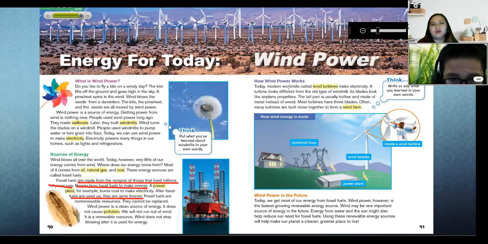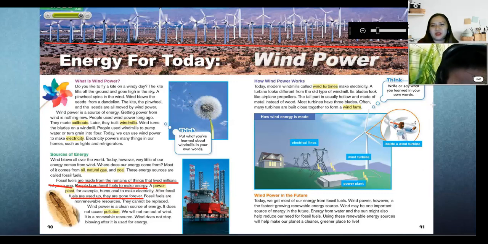And as you can see here, again, how wind power works. Wind turbines make electricity. In the picture, these are the wind turbine farms, with many wind turbines there.